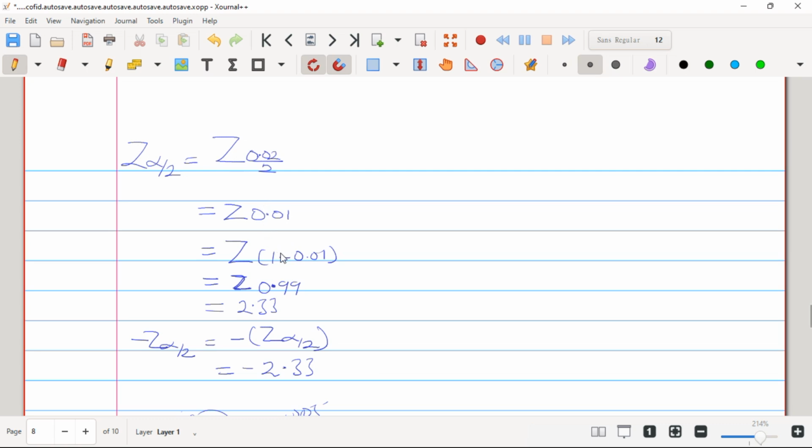So for us to go straight to the positive table to locate our probability of 0.99, we just have to subtract our 0.01 from 1 to get z subscript 0.99. So since we have a probability of 0.99, we are going straight to the positive z table to calculate our z score. By the end, we are going to get our z score to be 2.33. So let's go to the table and learn how we find our z score when our probability is given at 0.99.